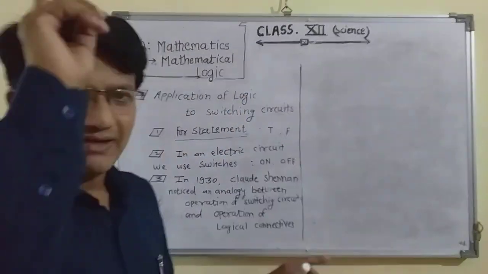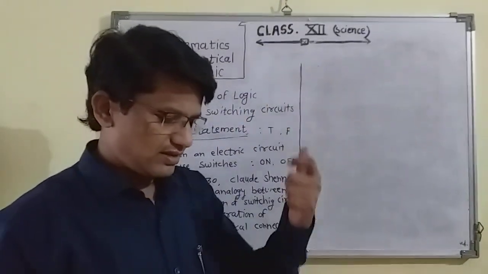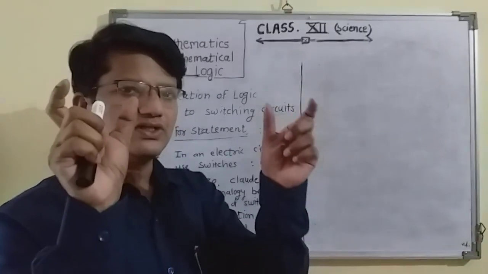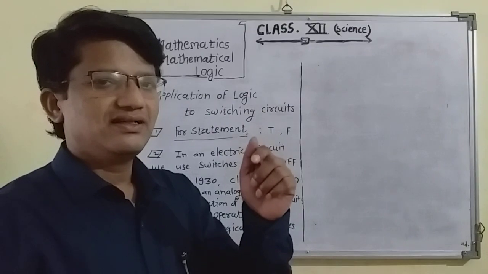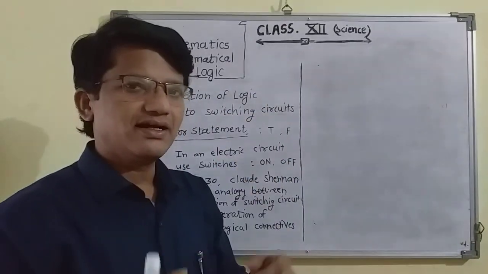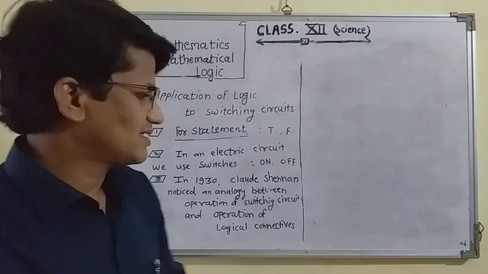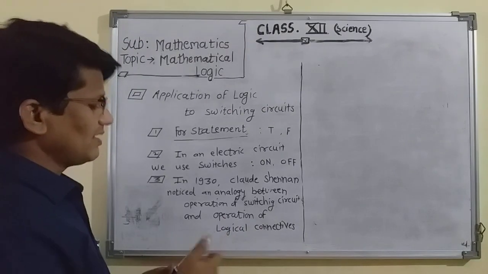And also we have seen in compound statements, if two statements are connected by AND, it is a conjunction, connected by OR, it is a disjunction. The same type of situation is happening here.